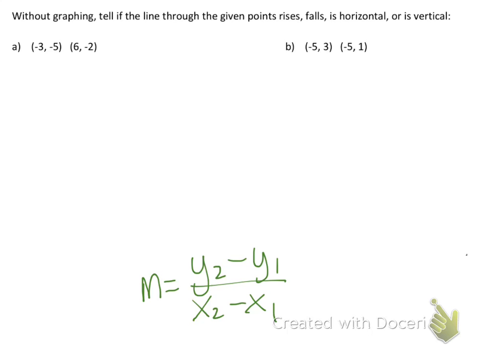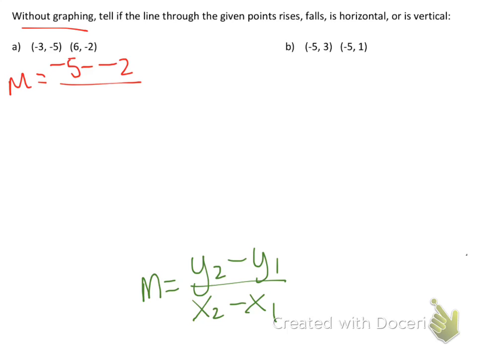So without graphing, tell if the line through the given points rises, falls, is horizontal, or vertical. In other words, I don't want you to graph this, meaning I also don't want you to visualize how it will be. I want you to use the slope formula. So the change in the y will be -5 minus -2. Make sure you're subtracting those coordinates.